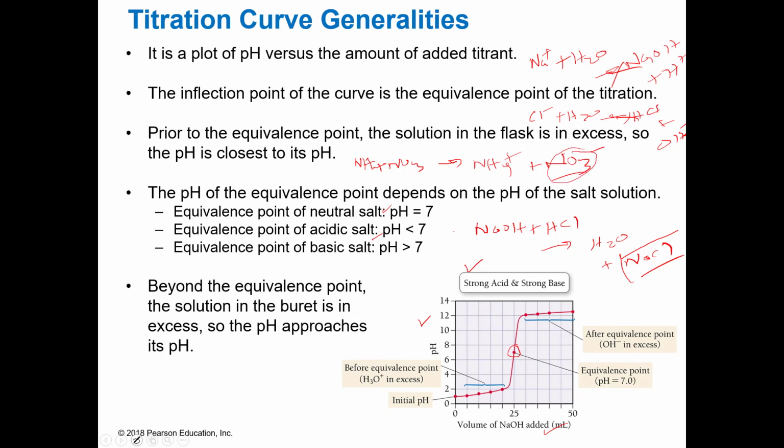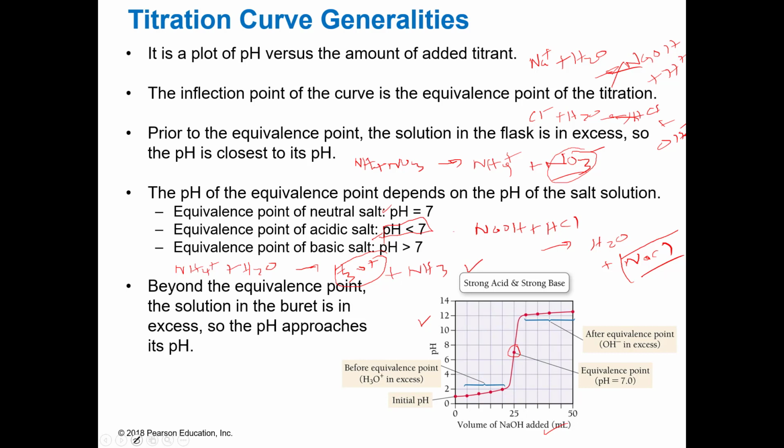But the ammonium ion will react with water, and we will form the hydronium ion plus ammonia. Since we generated the hydronium ion, we're going to have the properties of an acid, and the pH is going to be less than 7, and it's going to be an acidic solution.